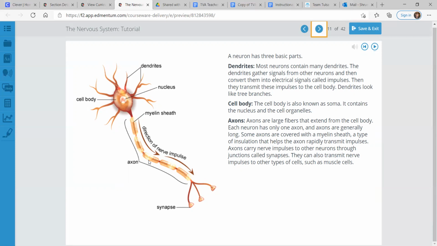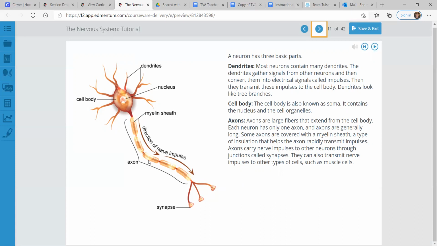Axons are large fibers that extend from the cell body. Each neuron has exactly one axon, and axons are generally long. They're covered in a myelin sheath, and this sheath acts as insulation, and it helps the axon transmit impulses very quickly.